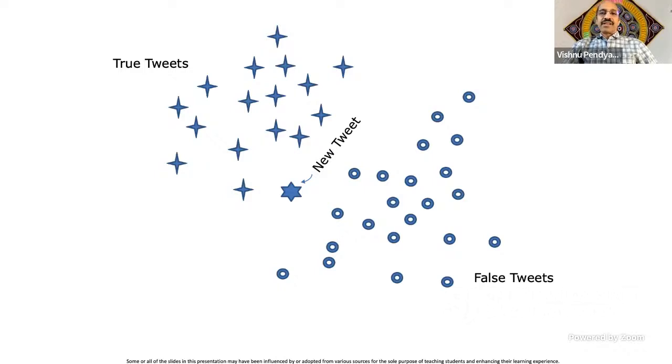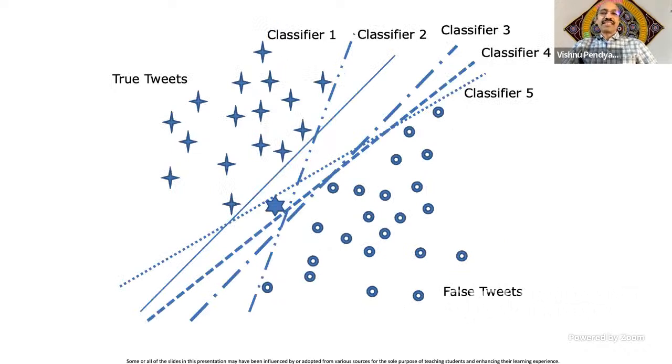So a classifier in the simplest manner is a straight line. The decision boundary is just a straight line. It's called a linear classifier. So we go with a linear classifier, particularly since the data can be separated by straight lines.